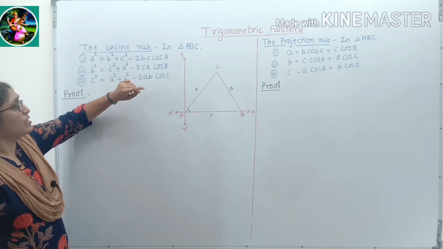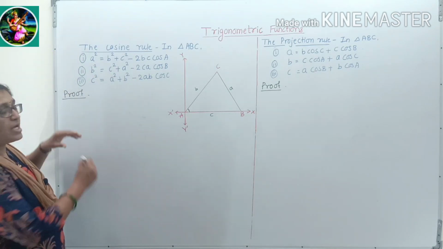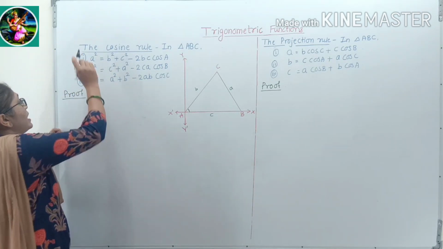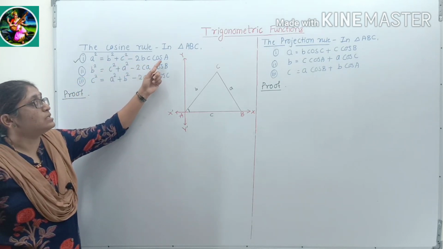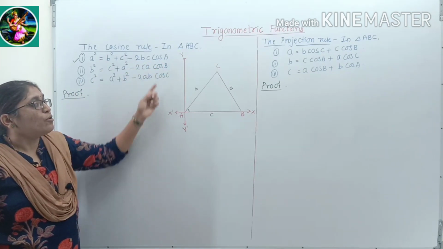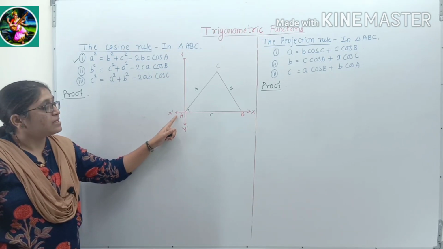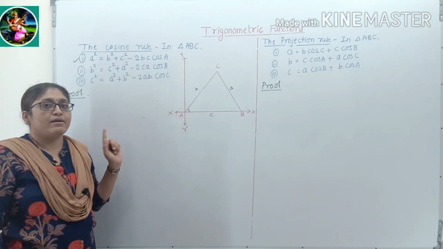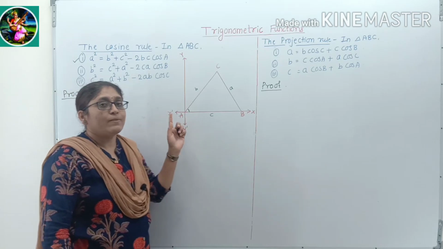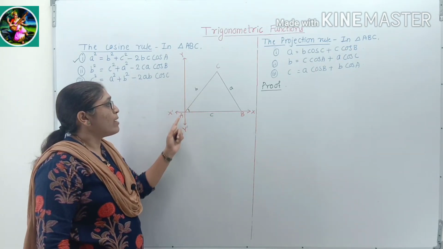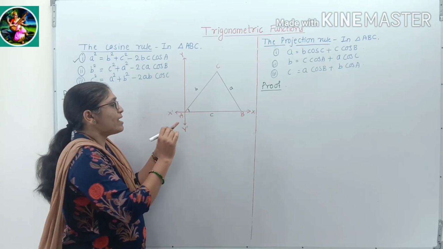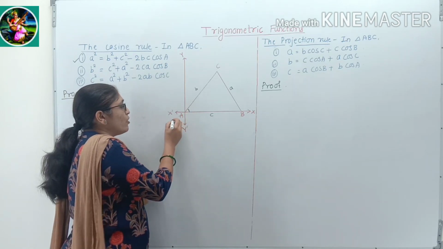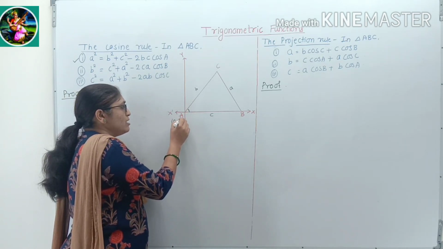Okay, in that we prove the first one, that a square is equal to b square plus c square minus 2bc cos A. For that we take A at standard position. That means if we draw the x-axis and y-axis, here is the origin, which has the coordinates 0, 0.